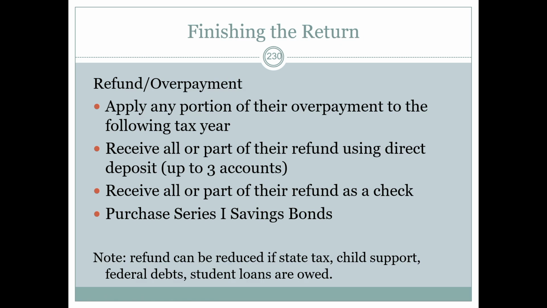So for the refund or overpayment on the tax return, the taxpayer and or spouse could apply any portion of their overpayment to the following tax year. So preparing these 2020 tax returns, if there is a refund, the tax client could decide to roll that over to the 2021 tax year, which will then be reflected as an estimated tax payment.